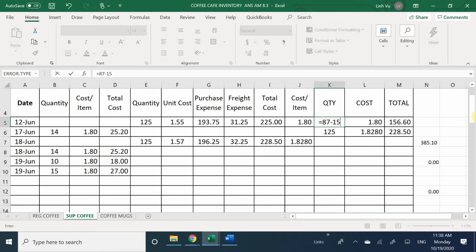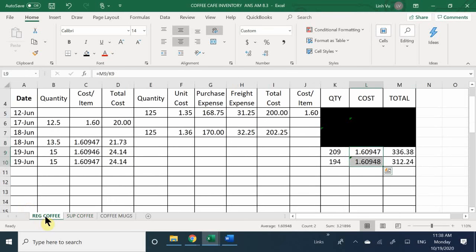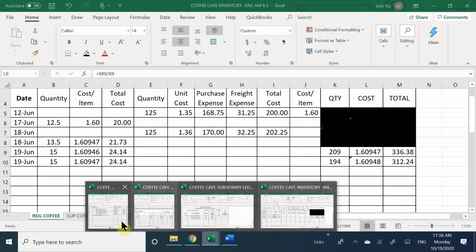I pulled out the wrong number. I'm sorry. That's fine. $72. Right, good. Because I have my calculation in here automatically, it should be $129.60. So that means my grand total should be $253.58.10 for my Supreme. All right, so we sold 27 of Supreme and we sold 24.14 of the regular.